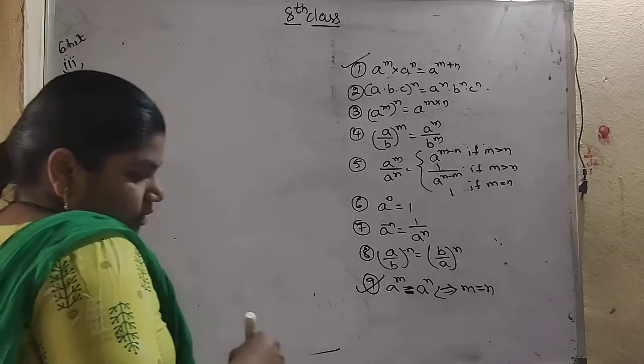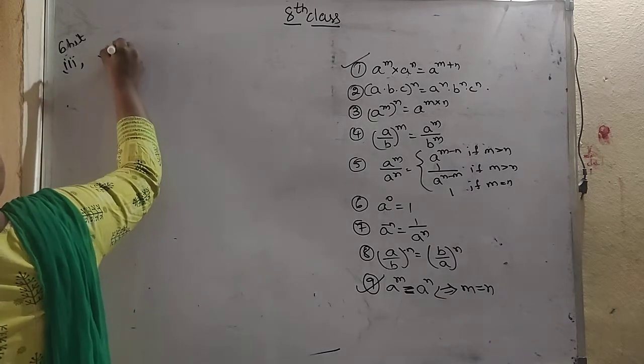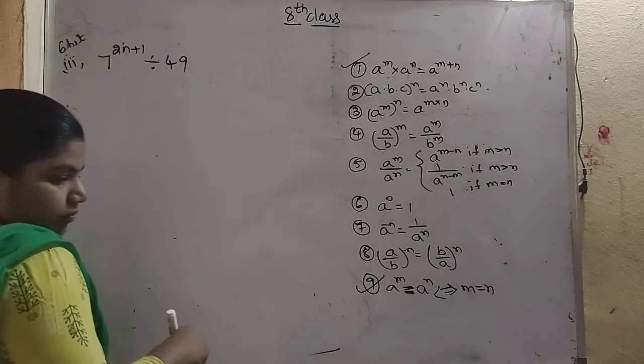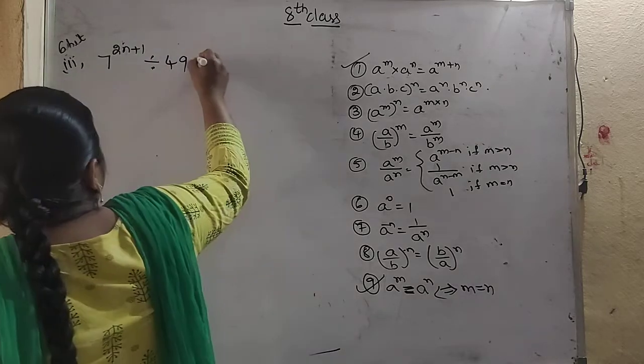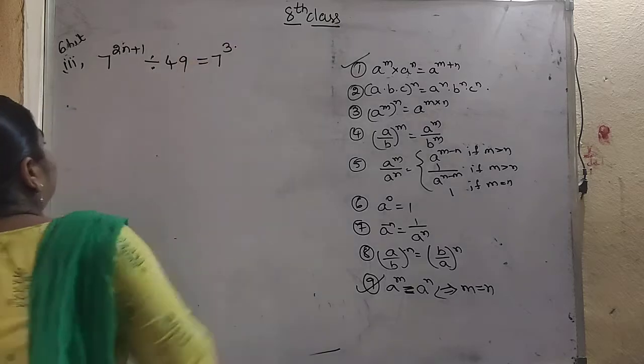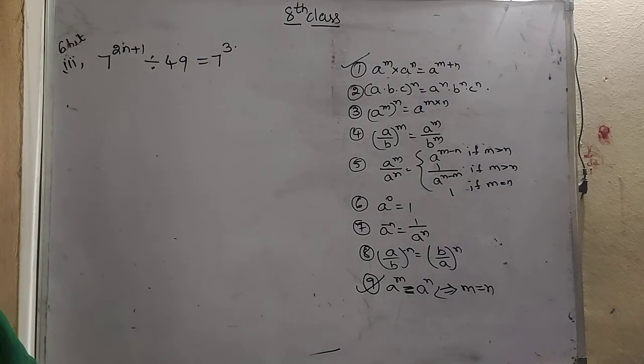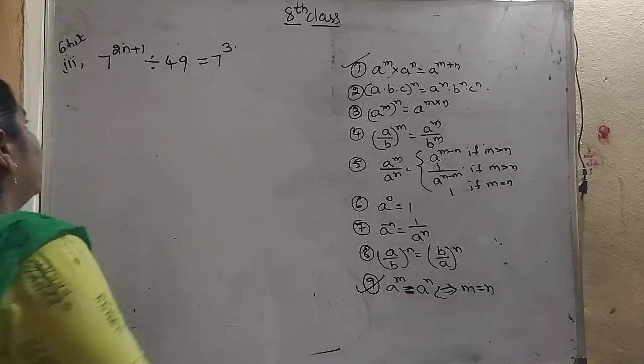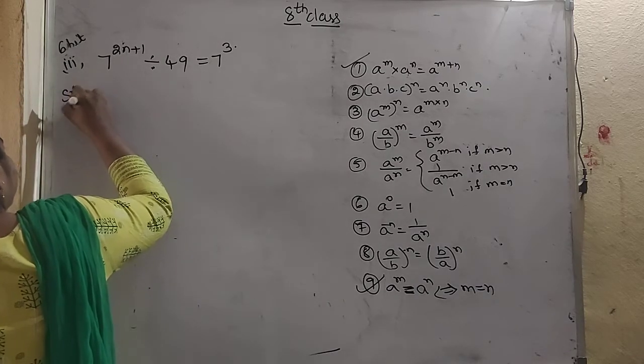So third question is 7 power 2n plus 1 divided by 49 is equals to 7 cube. Okay, so what is the question? 7 power 2n plus 1 divided by 49 is equals to 7 cube. So first we will write the given question.